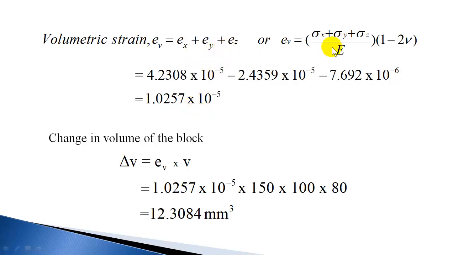Or you can also use a reduced formula like this. So Ex, if you substitute sigma x by E minus nu sigma y by E minus nu sigma z by E. Similarly, Ey also you can substitute, Ez also you can substitute the formula and reduce, you will get a volumetric strain expression like this.